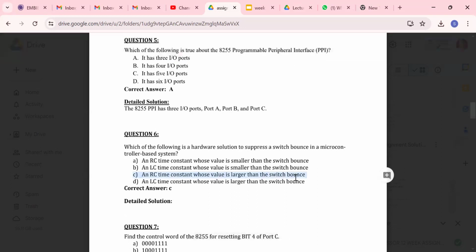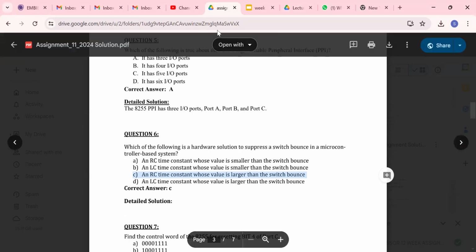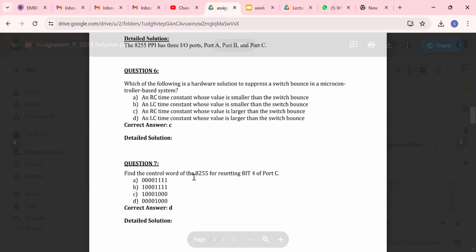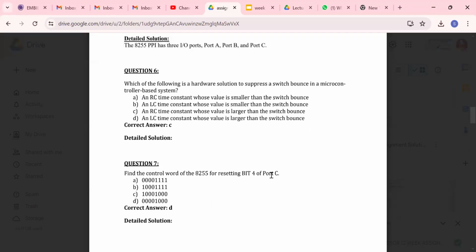The RC time constant value is larger than the switching bounce. In an RC circuit the time constant is RC, whereas in RL the time constant depends on L by R. So it is RC.